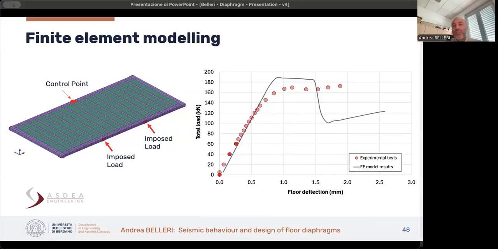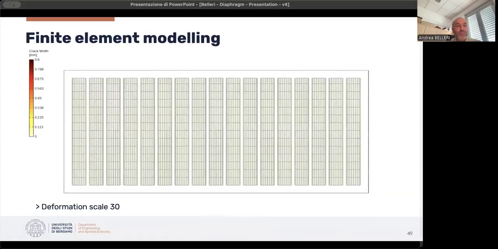The purpose of this research and of the implementation of this finite element model is to define a good modeling strategy to assess different types of conditions, in particular the case of openings in different diaphragm configurations, to derive some design indications for professional engineers.